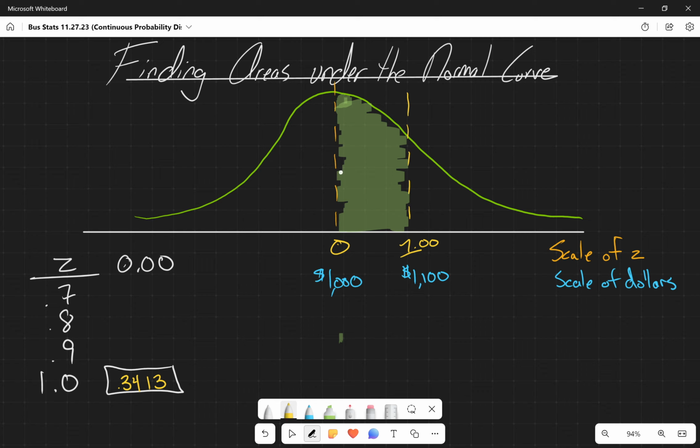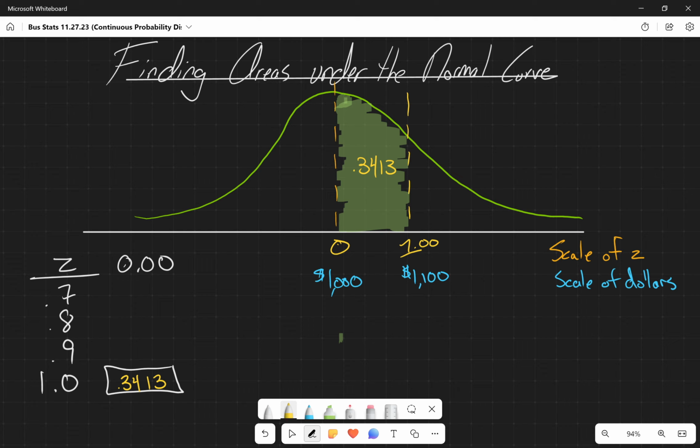And that is the area underneath this curve in between the values of 1,000 and 1,100. So the probability of finding drivers that earn between 1,000 and 1,100 is going to be 0.3413.